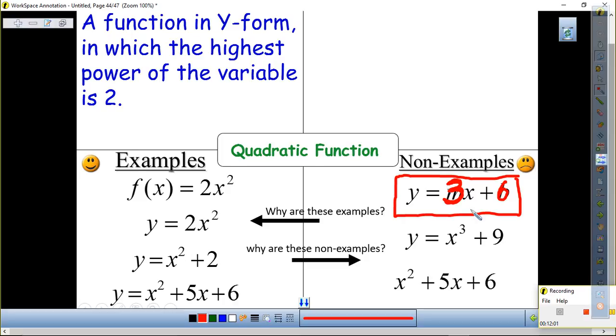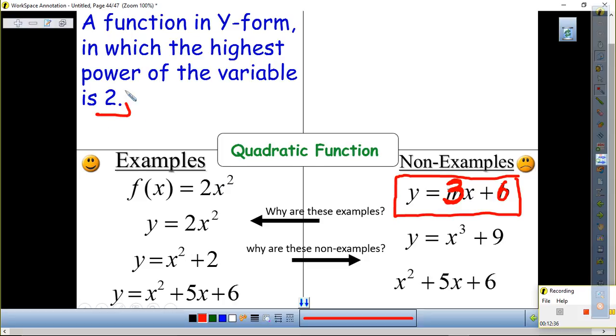Who can elaborate on this one? Hallie, why is this not a quadratic function? There's no wrong answer. Okay, Liv, help her out. Well, because the power of the variable is not 2.